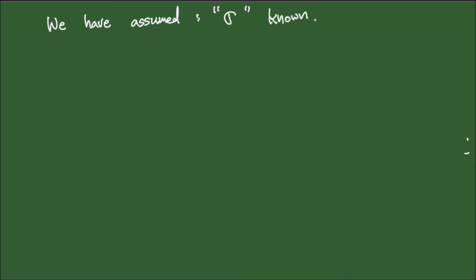But in real life, we don't know this sigma, right? So usually we have unknown sigma. And how can we do the testing in this situation? This maybe looks similar to the previous case for the confidence interval when we don't know the sigma.